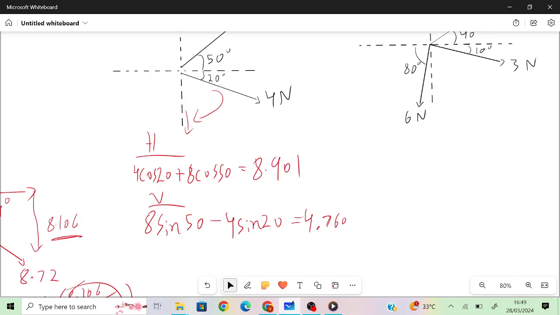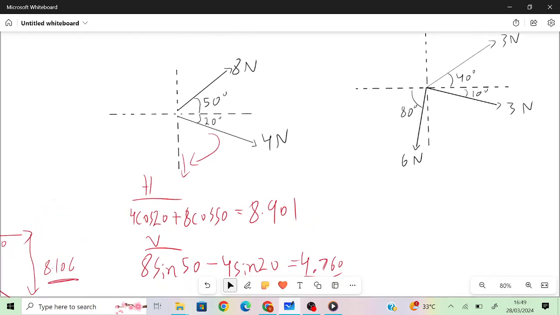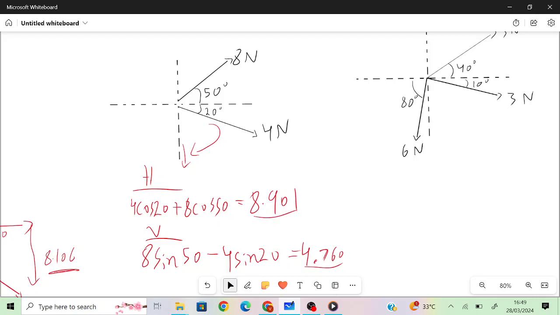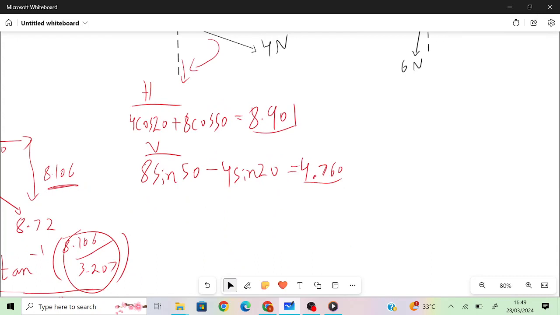Now what this indicates is that on the vertical, eventually the resultant is upwards and it's in the right quadrants, or upwards. So to find the resultant, again, just quickly do this. The resultant is the square root of 8.901 squared plus 4.760 squared.